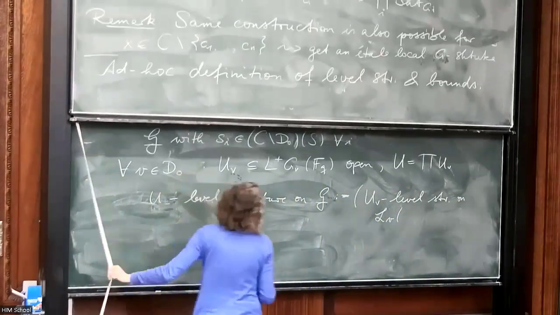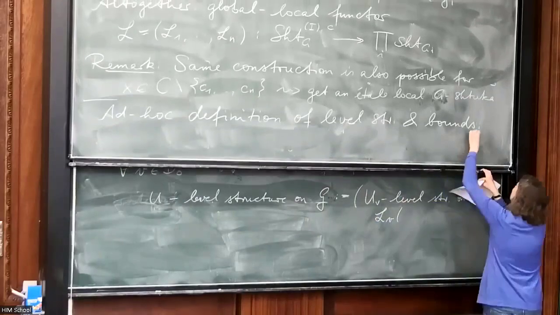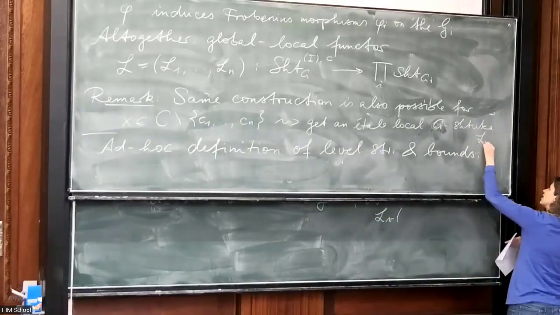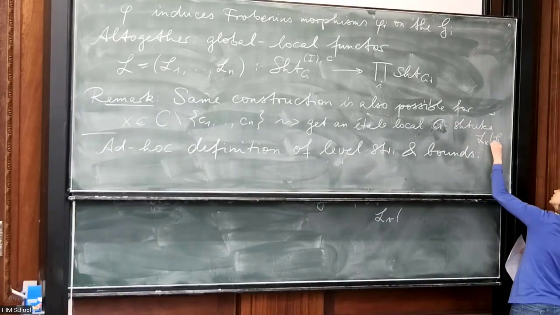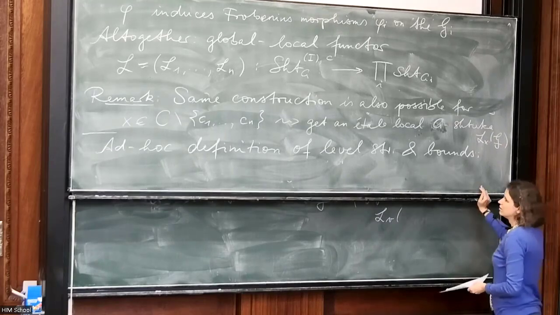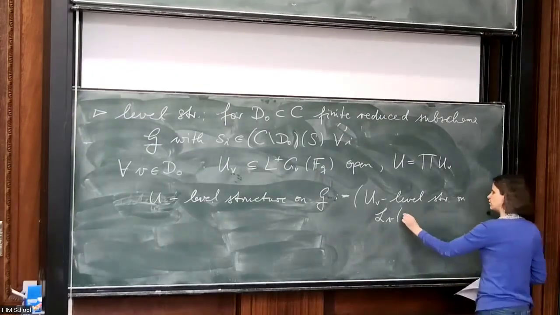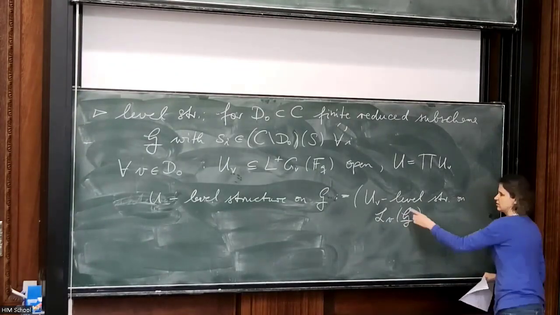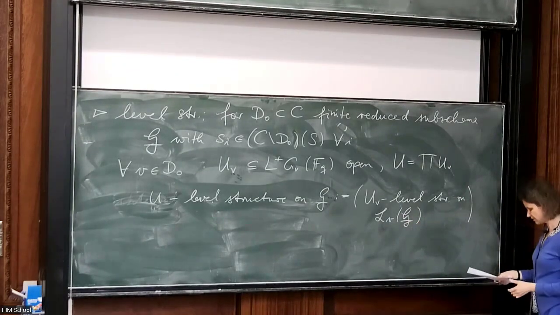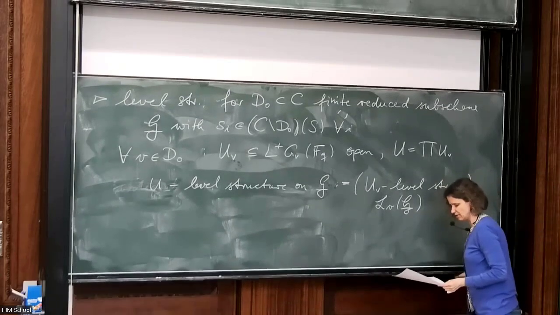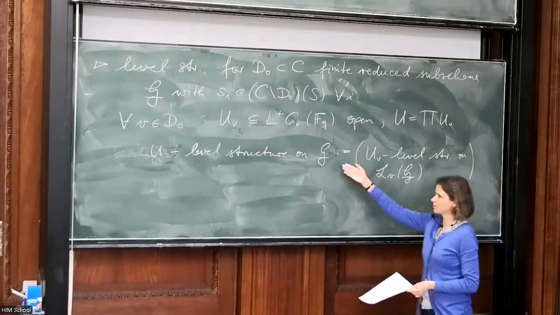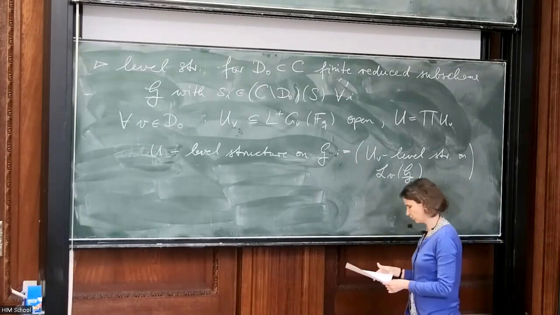So this étale local G-Shtuka here, I will refer to as L_x of G underline. So we consider this L_v of G underline, and then I consider level structures in the sense of yesterday's talk on these, and this will be what I mean by a U level structure on the global Shtuka.